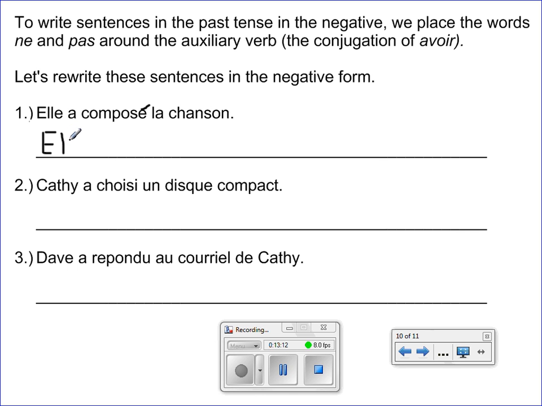So what I'll do, write elle. I'm going to put ne and pas around my auxiliary verb. So in this case, that's a from avoir. So elle n'a pas composé la chanson.